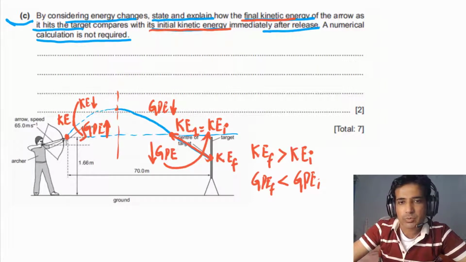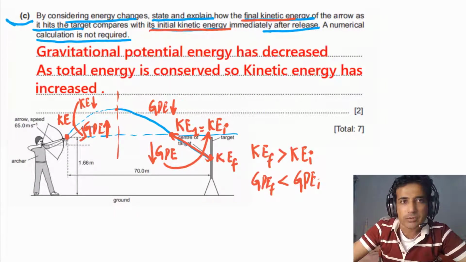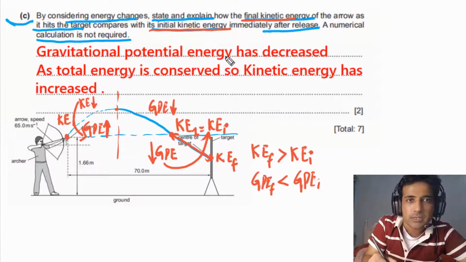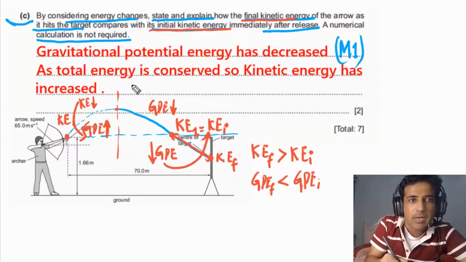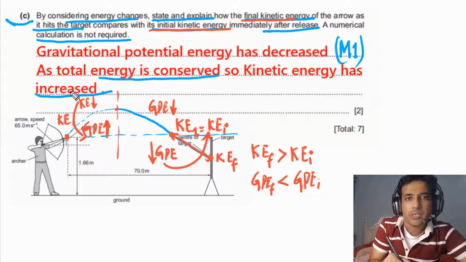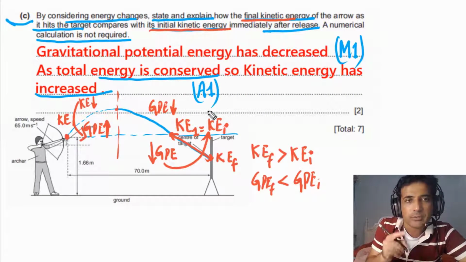In order to write a proper answer, you can write your answer like this. The first point you can say is in this case GPE has decreased, and this is 1 mark, means M mark. And the second mark is if you have written total energy is conserved, so kinetic energy has increased. So if you have written these points, you will get 2 marks. For this question, you have to mention gravitational potential energy has decreased.